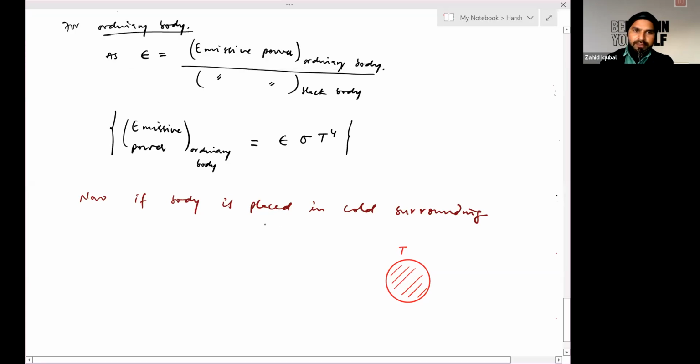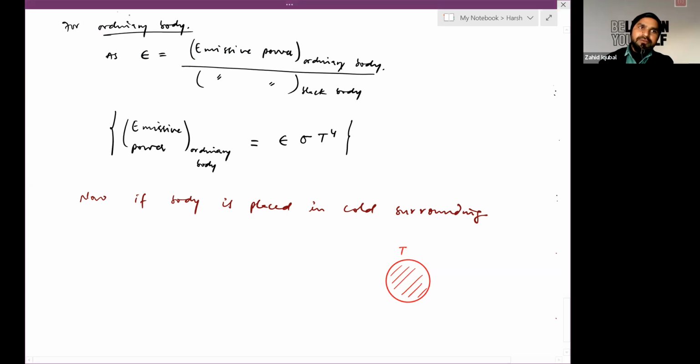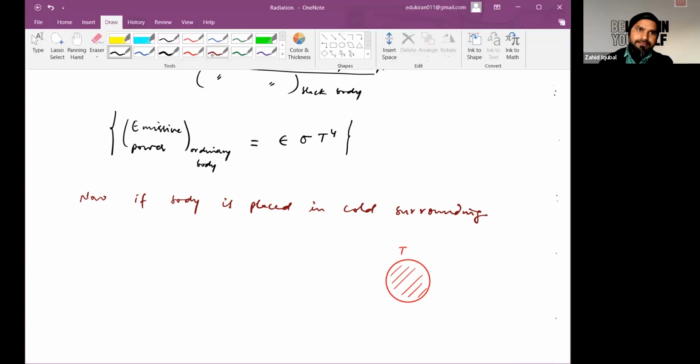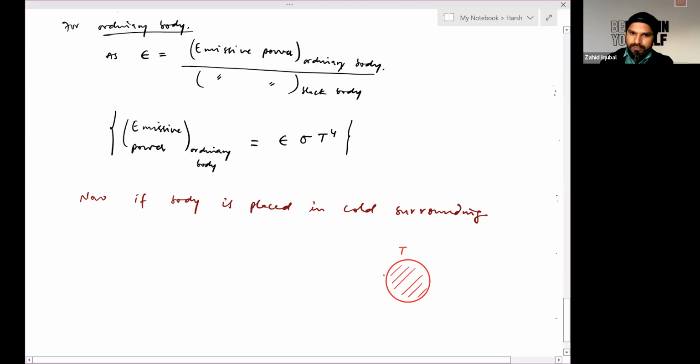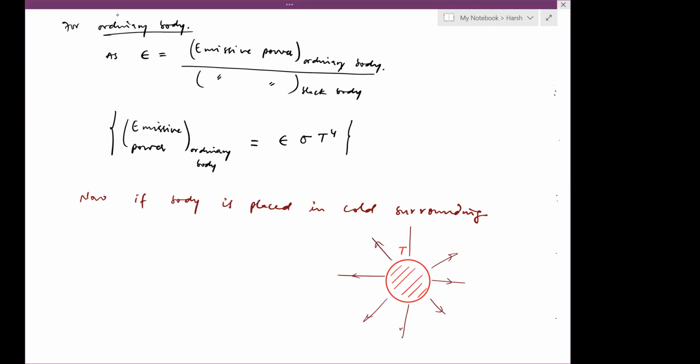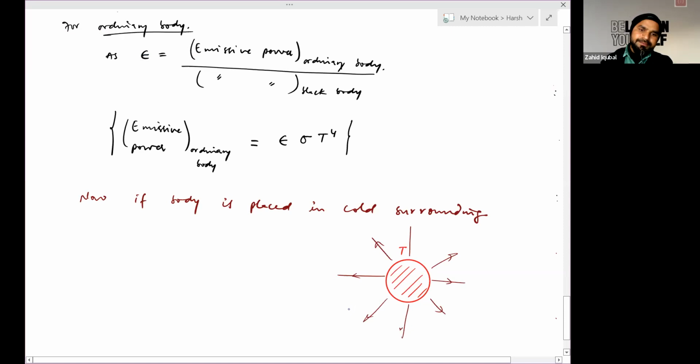Now, suppose if a body is placed in any cold surrounding, so there will be emission of radiation on either side. This hot body will also emit radiation in all directions. And the cold surrounding in which it is placed will also radiate along this direction.